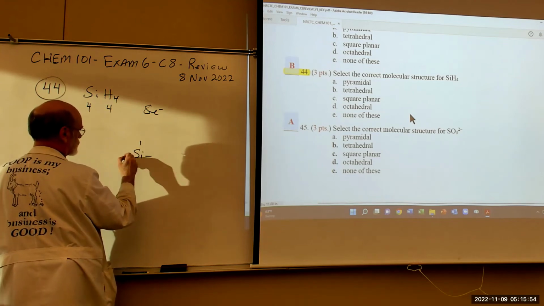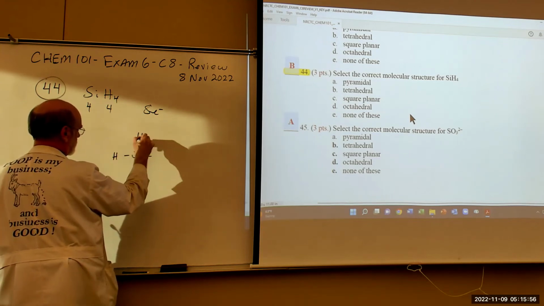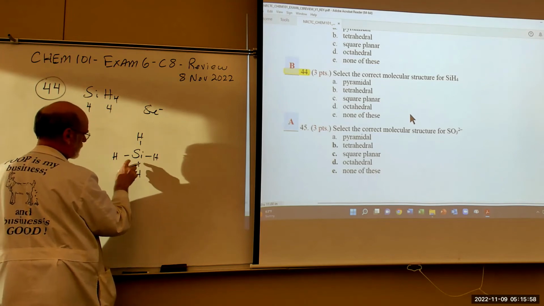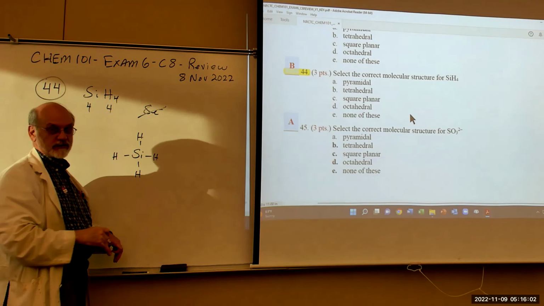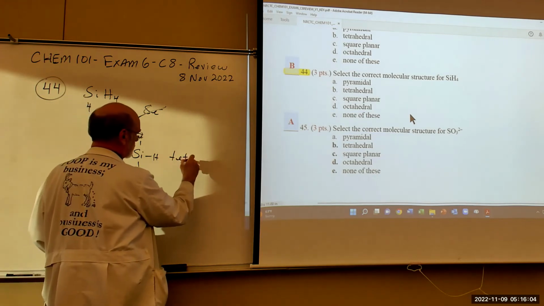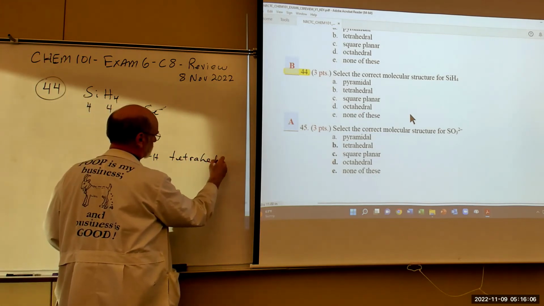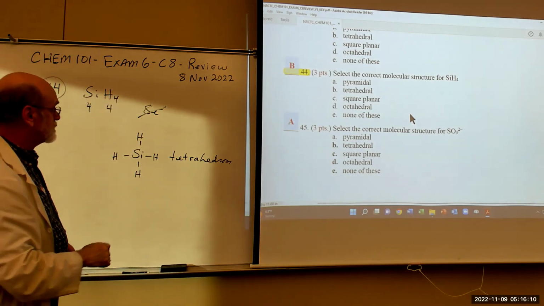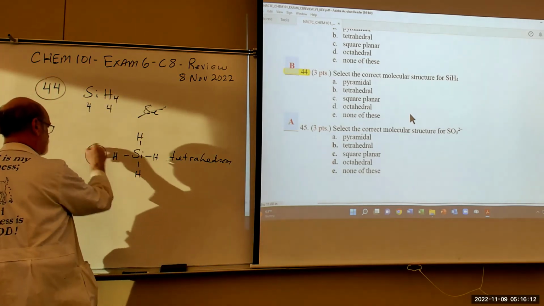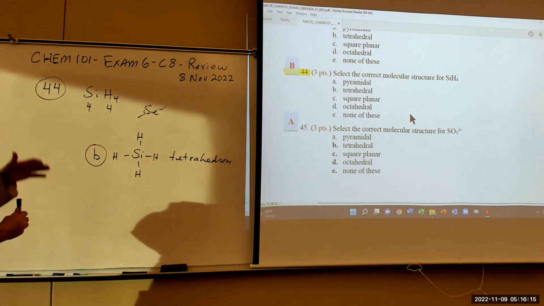Silicon, 1, 2, 3, 4. 2, 4, 6, 8. Used them all up. That's a tetrahedron, which is B. Okay.